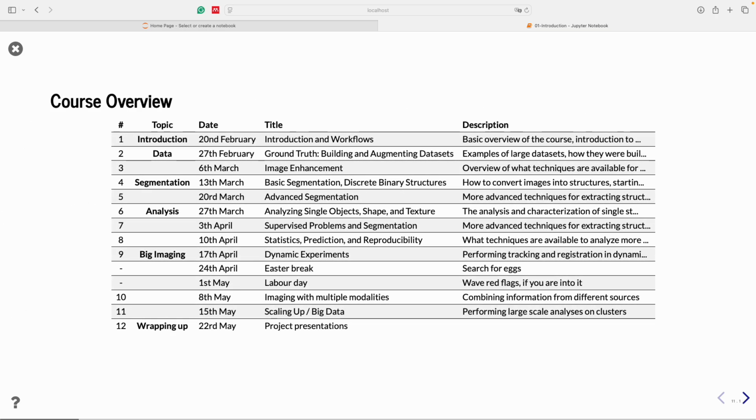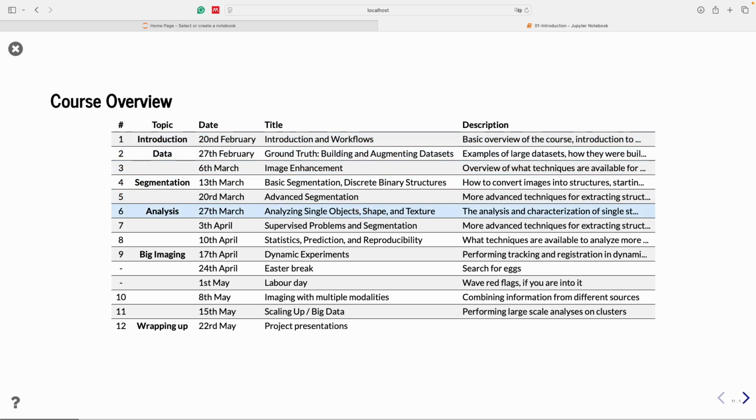So this is the overview of what we're going to do. Today we have the introduction and workflows, and then we're going through different topics. Next time we talk about data sets, then how to improve the images, how to start extracting some information from the images, so basic segmentation, which continues with more segmentation.